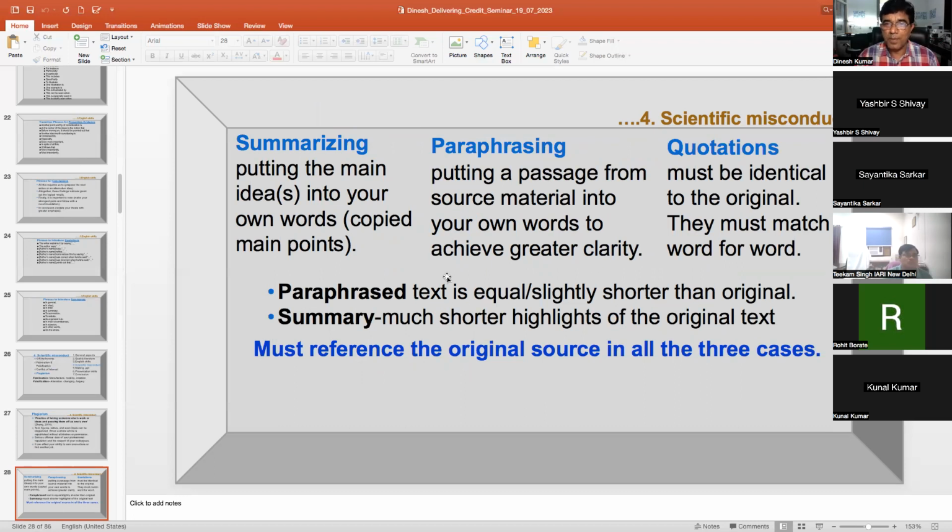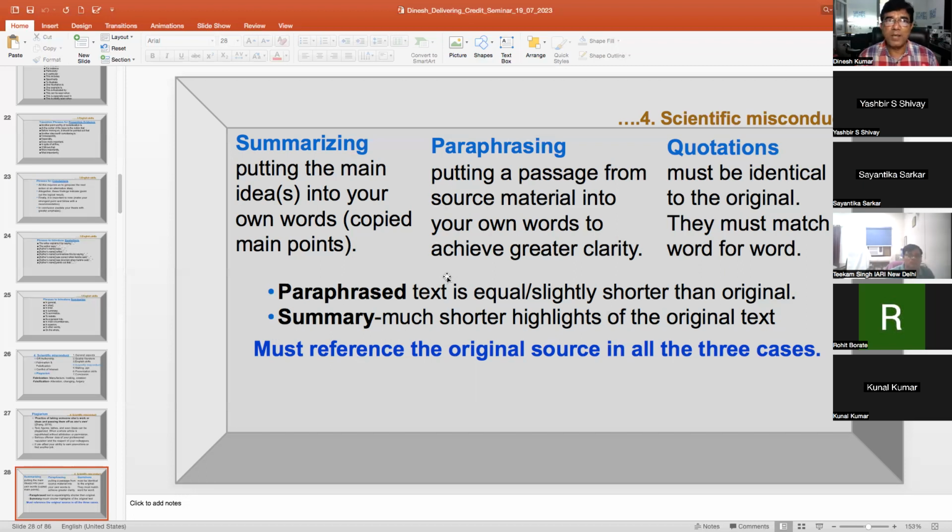You are the author. Otherwise, for the words or ideas that you take from other sources, you must give the credit. You must write the person's name. What people do is summarize the whole paragraph written by some other person, or that idea was given by some other person, and then write it. That is also wrong. Paraphrasing is also possible.